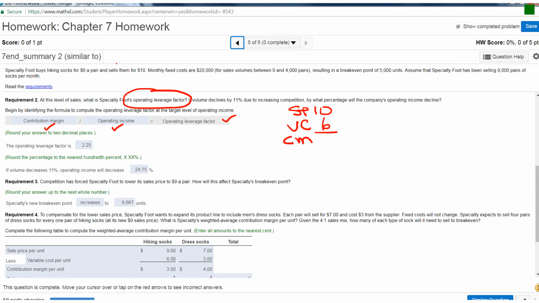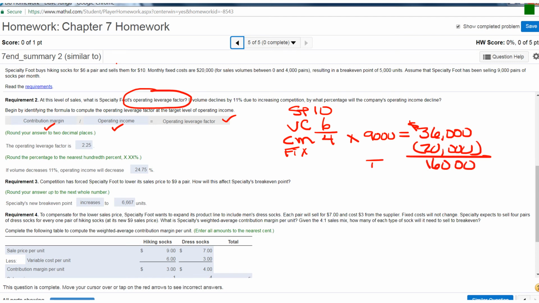That gives you a CM per unit of 4. If you multiply that by the 9,000 units which they're selling, that would give you a total contribution margin of 36,000. If your fixed cost were 20, you subtract that from 36, you get 16,000 as your income.